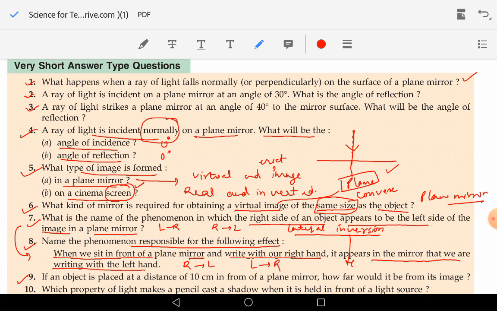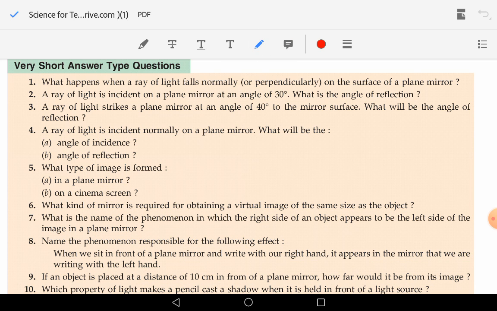Ninth question. If an object is placed at a distance of 10 centimeter in front of a plane mirror, how far would it be from its image? Let us imagine the situation: suppose this is a plane mirror and the object is, let us say, a candle, kept 10 centimeter in front of the mirror.